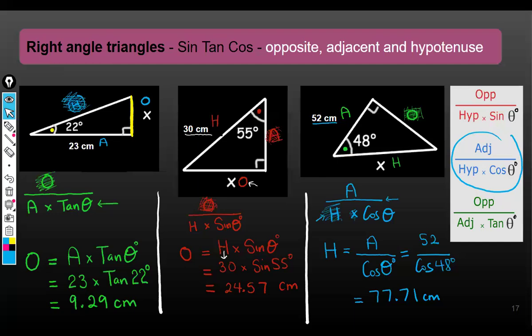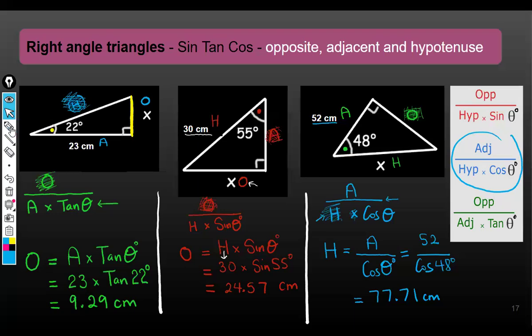In these three questions, you notice in all of them, we were trying to find a missing side. And that may have been obvious, right? In all three questions, the examiner was asking us to find a missing side. Now, there are two major categories of trigonometry questions. It's either you're trying to find a missing side or you're trying to find a missing angle, because triangles only have two things, right? Sides and angles. I have not shown you any questions so far on how to find a missing angle.